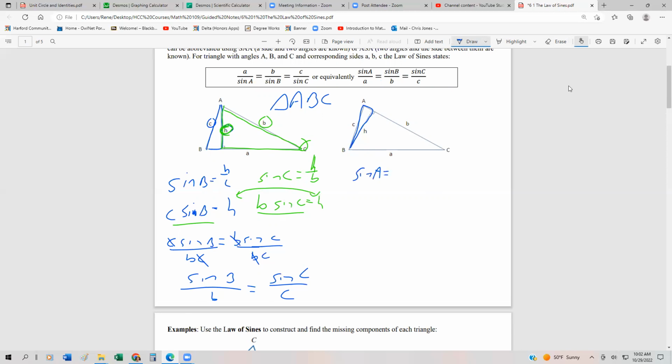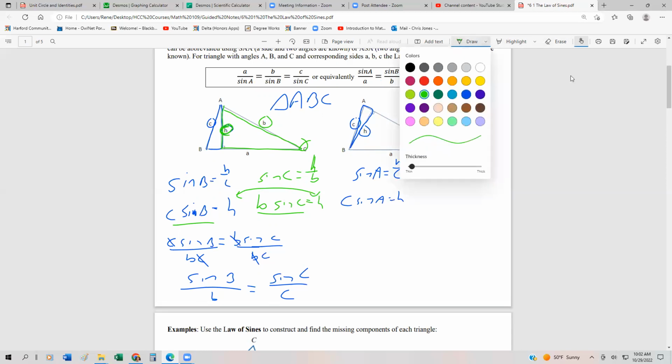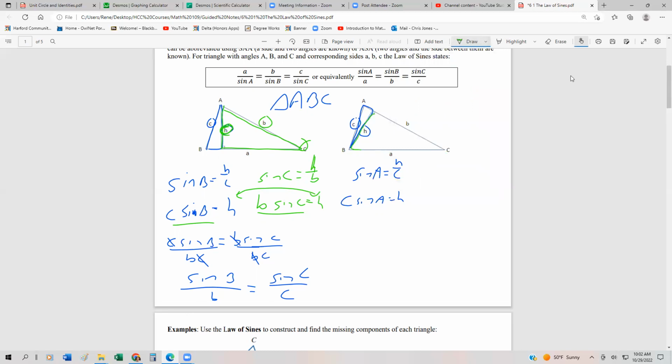The sine of A is going to be the opposite, which is H, over the hypotenuse, which is C. Another way to write that would be C sine of A is equal to H. Let's take a look at the triangle that contains angle C. The sine of C is equal to the opposite, which is H, divided by the hypotenuse, which in this case is A, or A sine C is equal to H. Notice again that those are both equal to H, so we can set those two expressions equal to one another.